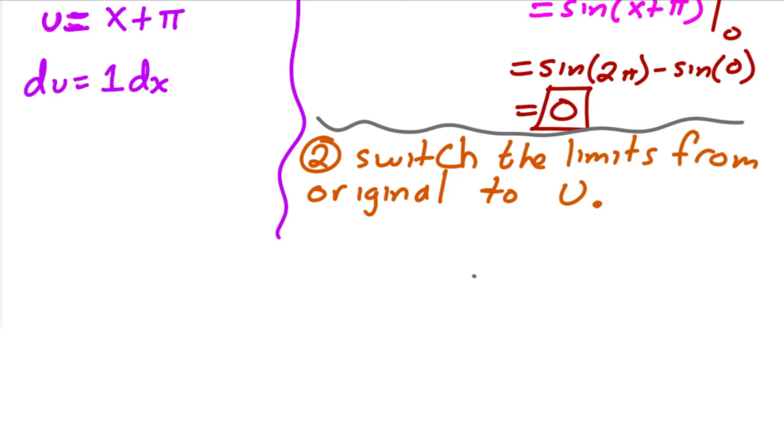Okay, so what that basically means is that you take your original limits of integration, 0 and pi, and you swap those for u values.